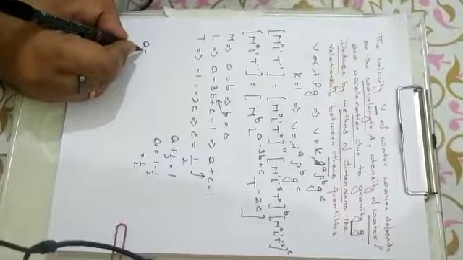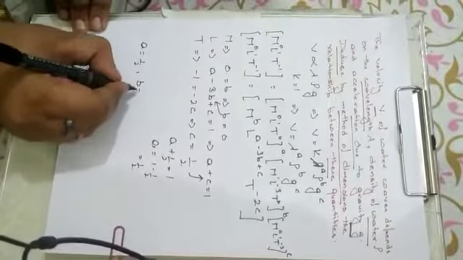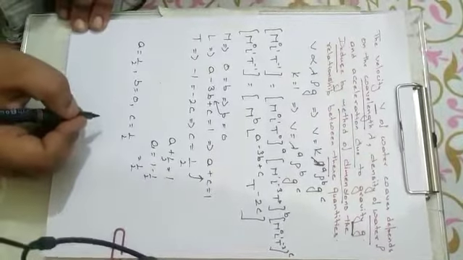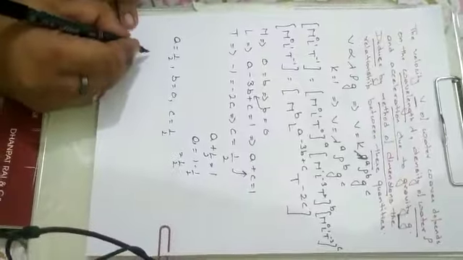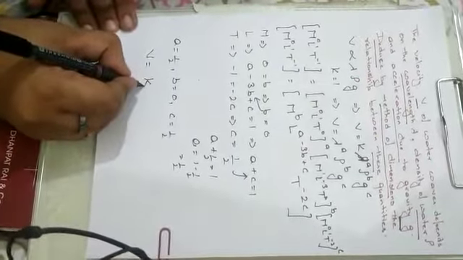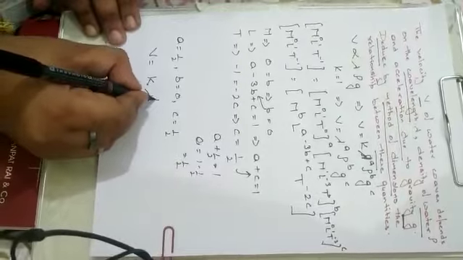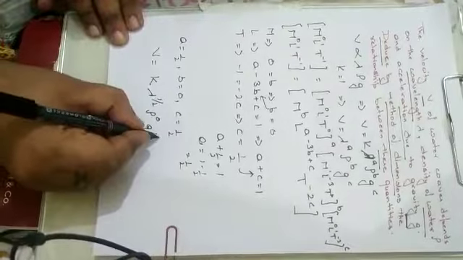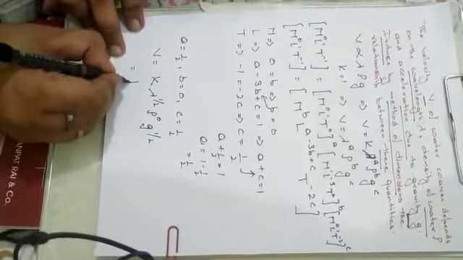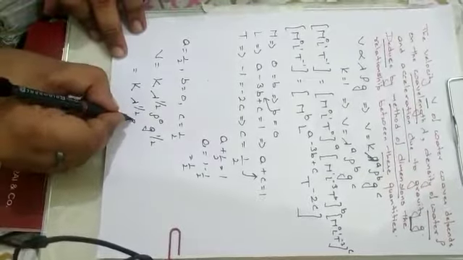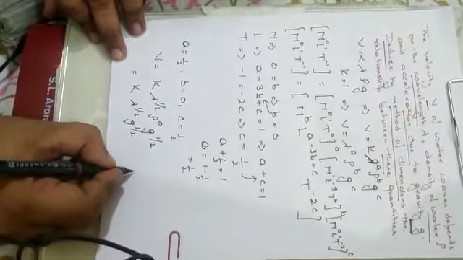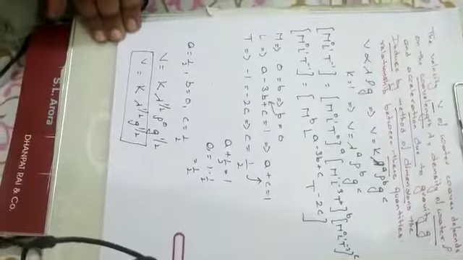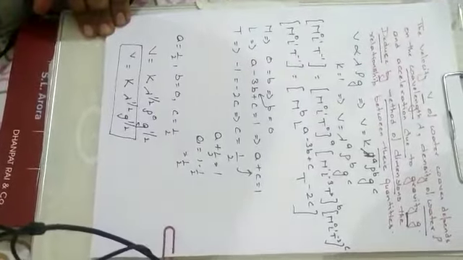So the values are a = 1/2, b = 0, c = 1/2. So in step 2, v is equal to k lambda^1/2 rho^0 g^1/2, or k lambda^1/2 g^1/2. Any term having power 0, its value is always 1. I hope you are clear with this.